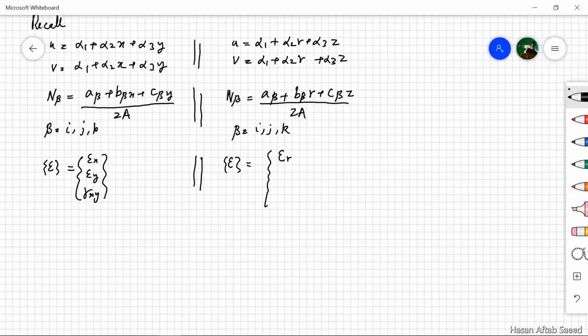In place of epsilon y, we have epsilon z, and in place of gamma xy, we have gamma rz. So these three are just affected by the change of name of the coordinate axis. That's all. So this is called the radial strain, the longitudinal strain, and the shear strain.